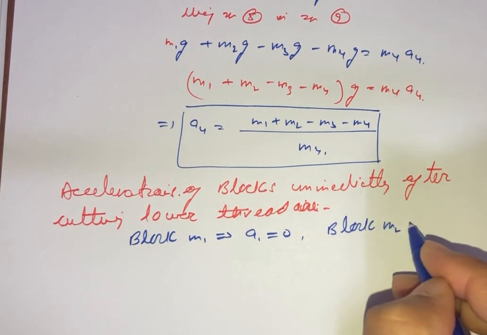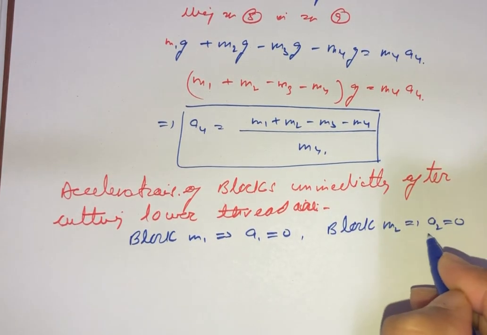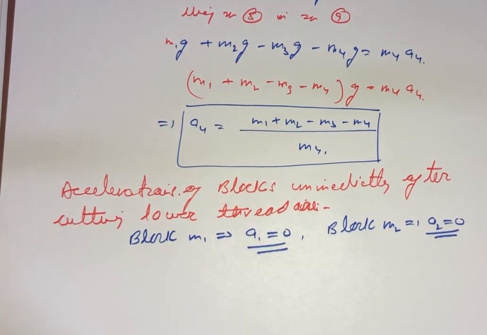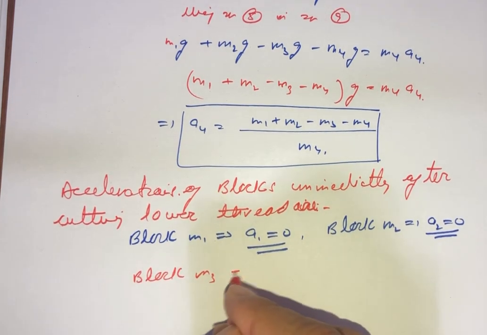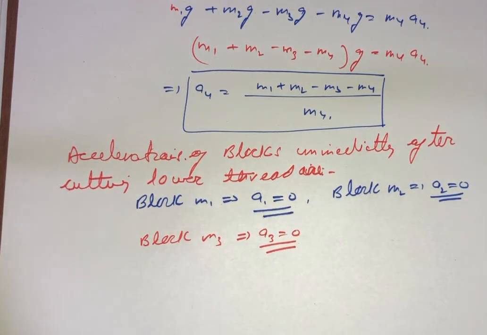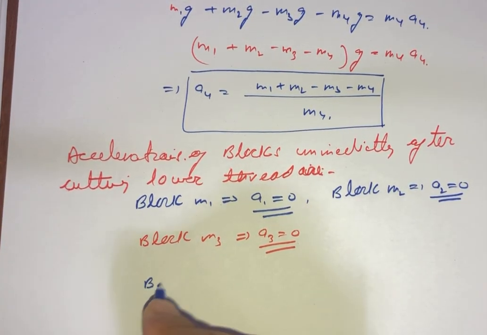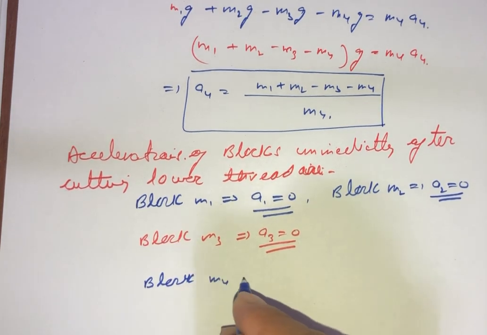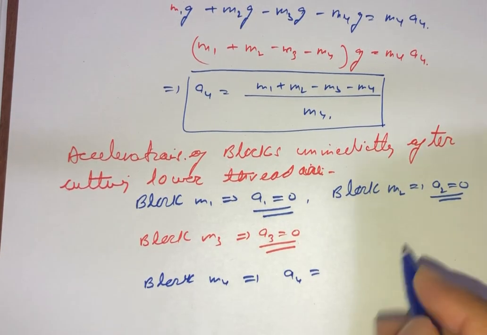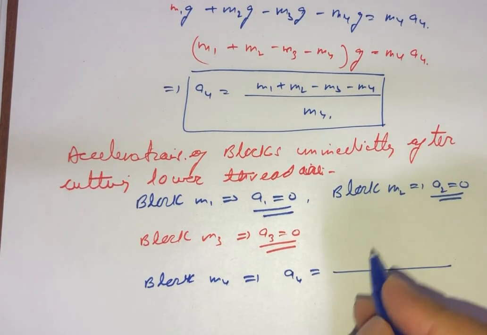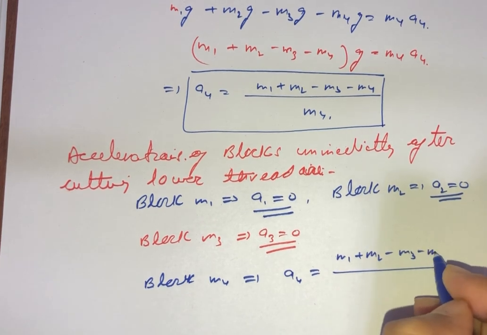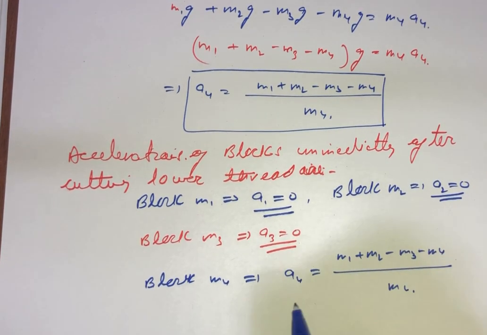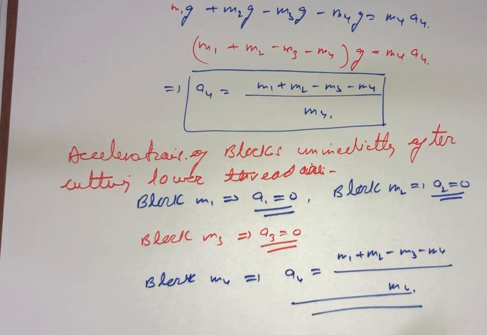Block M2 has acceleration A2 also equal to 0. Block M3, acceleration A3 also equal to 0. And finally block M4 has acceleration A4, which is given as M1 plus M2 minus M3 minus M4 divided by M4. This completes the question. Thank you.